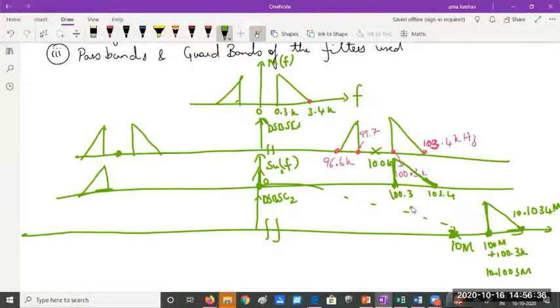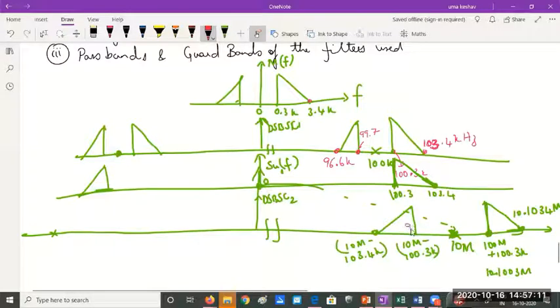And can you tell me on the negative side? 10 meg minus 100.3k, and this is 10 meg minus 103.4k. Whatever you have on this side, you just have to subtract this value from the new frequency. How much are you getting? 9.8997 mega.